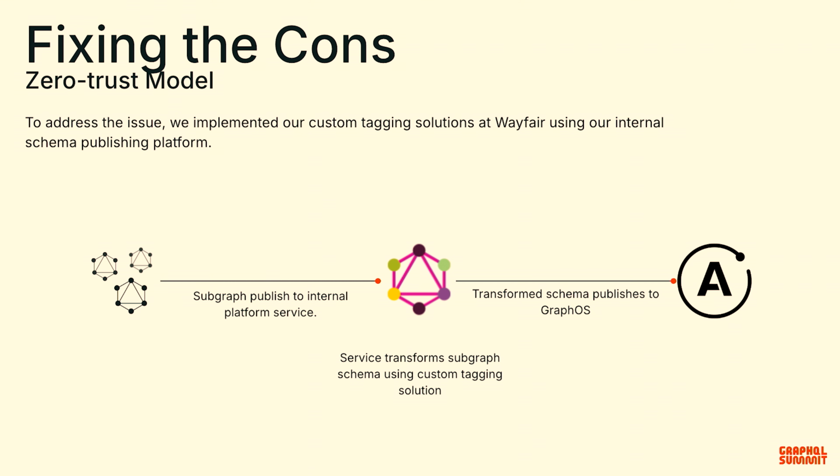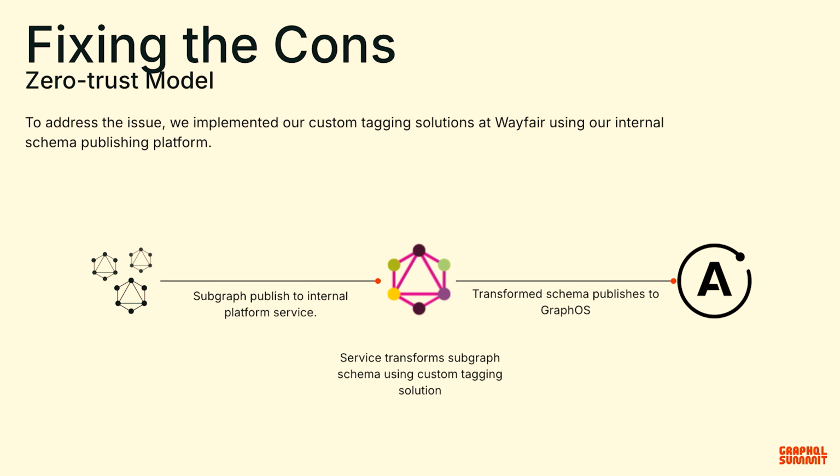So to address this undesirable behavior with tagging, we implemented custom tagging solutions at Wayfair using our internal schema publishing platform. It's helpful to know that at Wayfair, every subgraph schema that needs to publish to GraphOS is published through our internal schema publishing service.